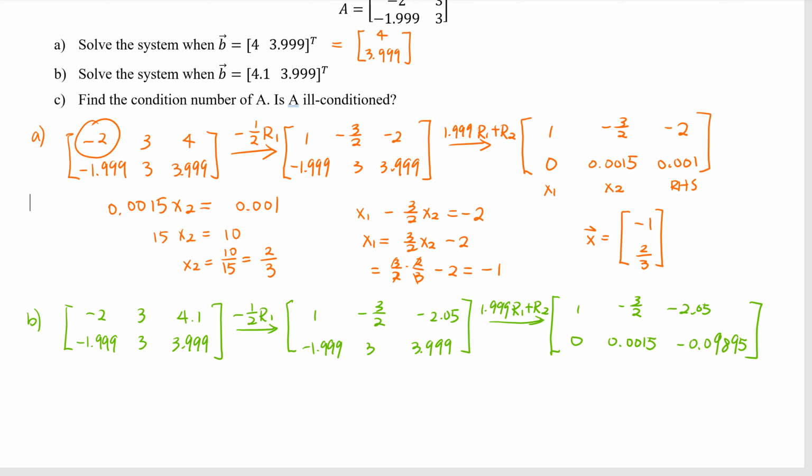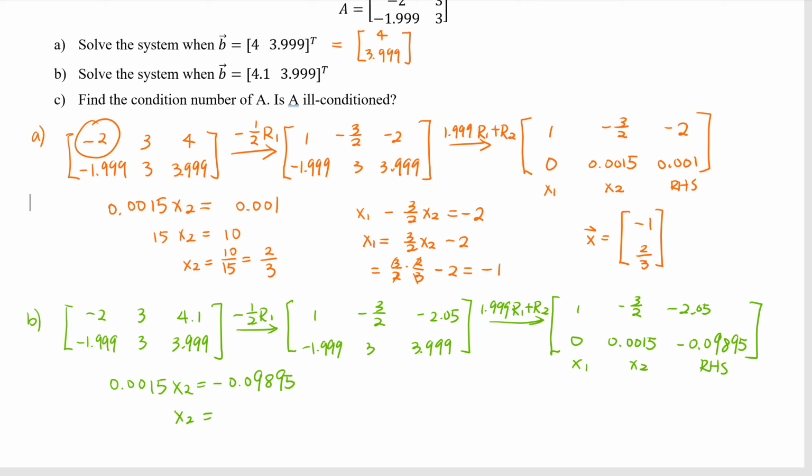This is x1, this is x2, this is the right-hand side. The last row tells us that 0.0015 x2 equals -0.09895.